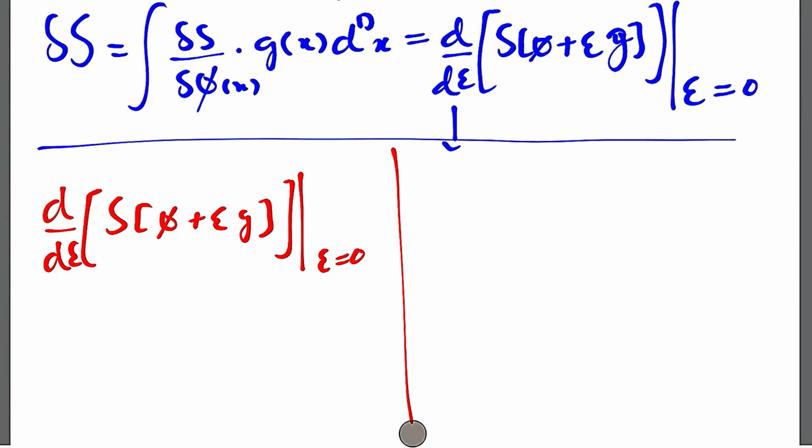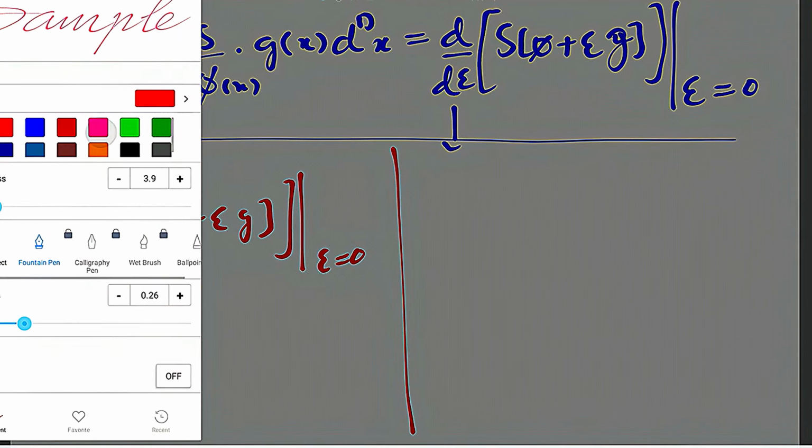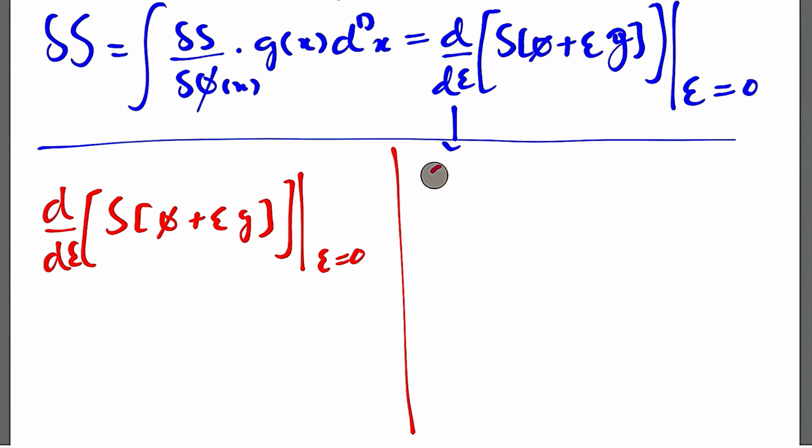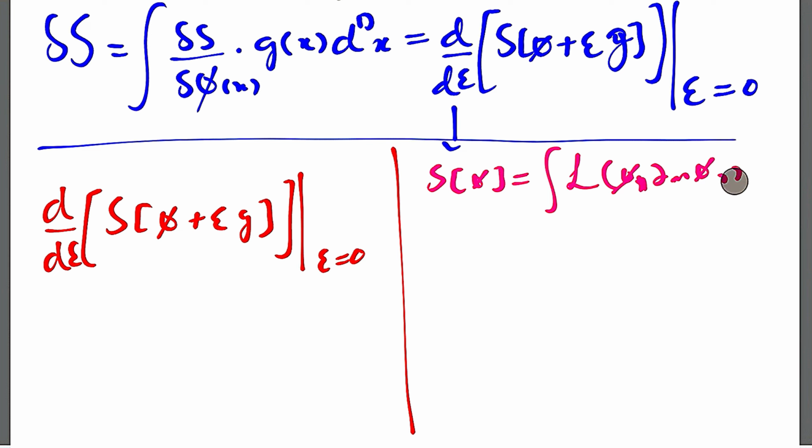For that purpose, let me do some rough work, and in the rough work we'll write down what the action was. The action at phi was equal to the integral of the Lagrangian at phi, delta m phi, comma, sorry, and x, d dx.